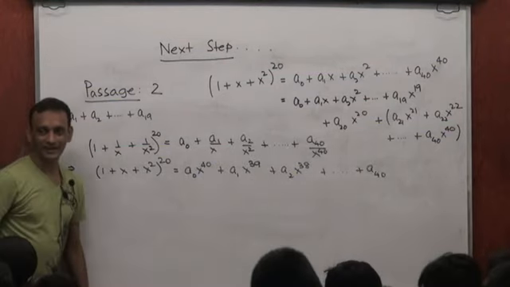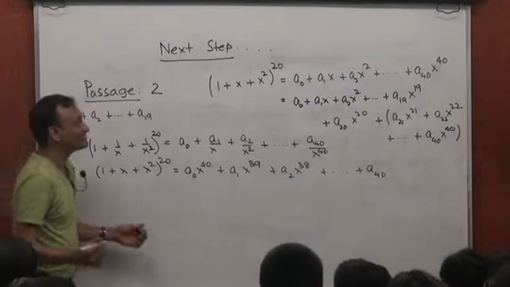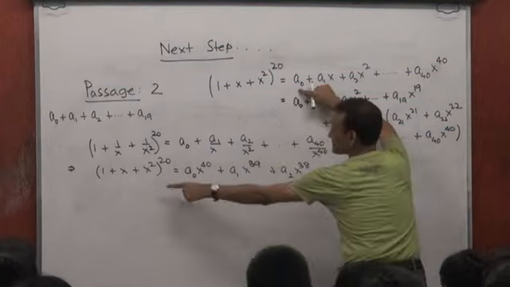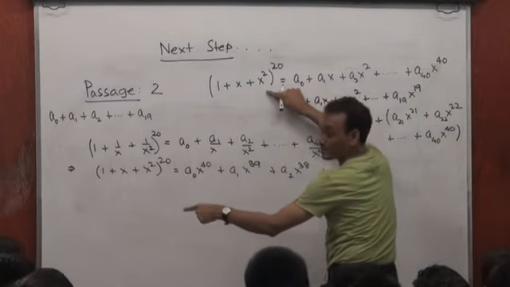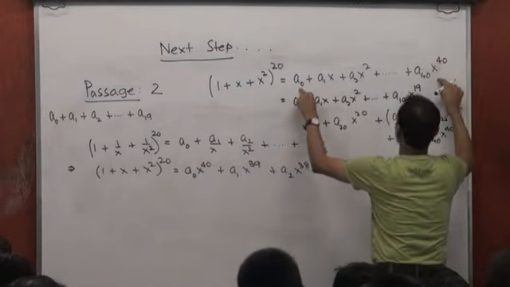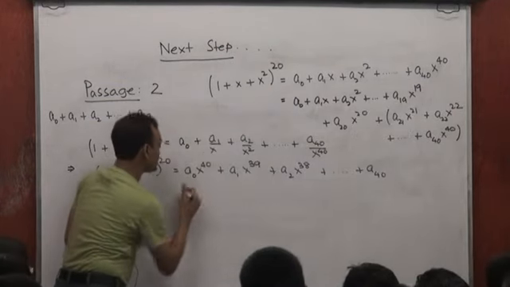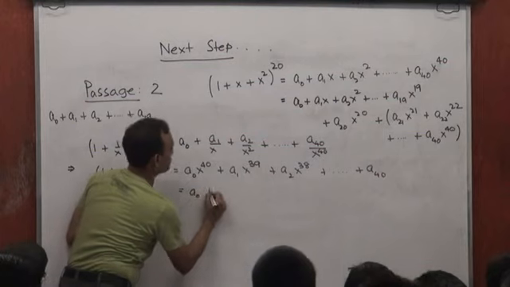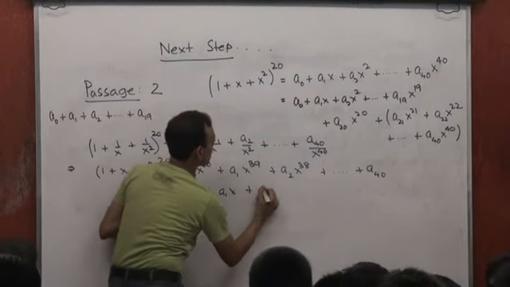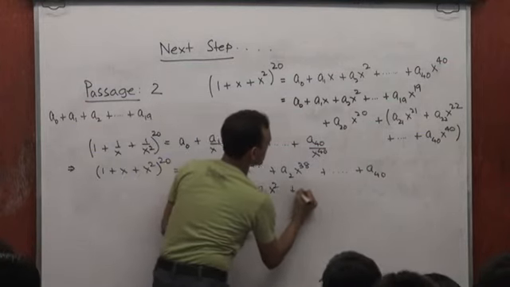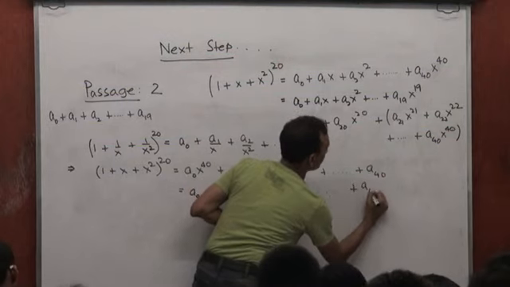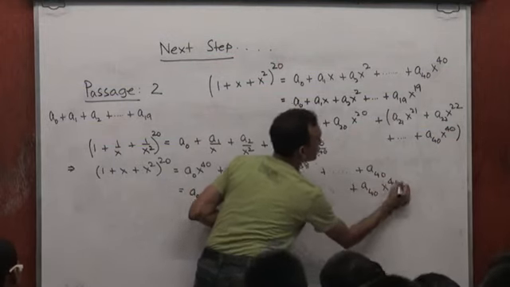Yes or no? This (1 + x^2)^20 is the same as this. That means this expression is identical to this expression. Yes or no? So this is the same as a naught plus a1x plus a2x squared plus ... a40x^40. How about it?